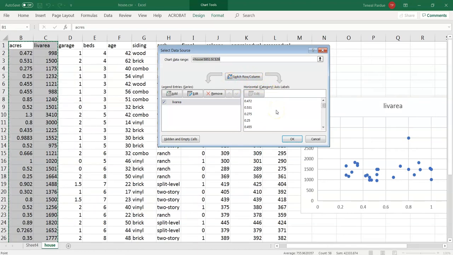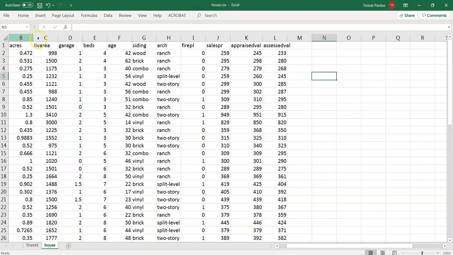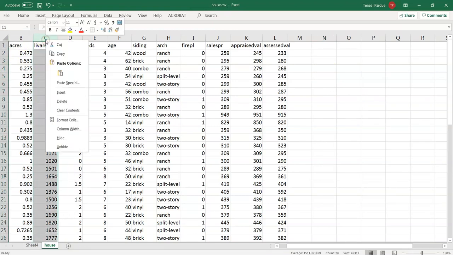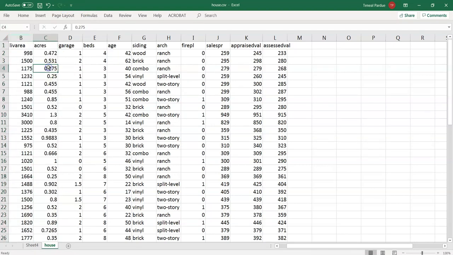I've never been able to get that to work though. So what you would do, if you wanted to do that, is just switch them. I would take this and just cut and then move it over here and insert cut cells where it's backwards.